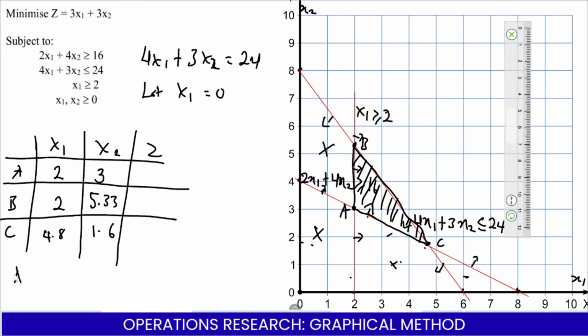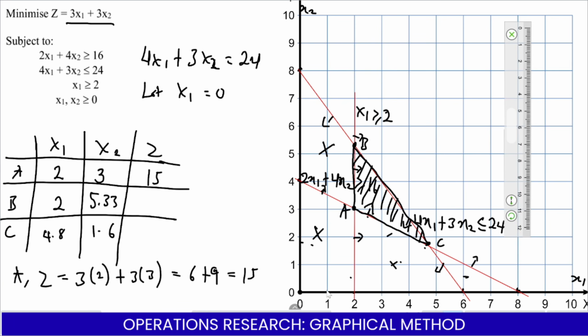So for point A, the objective function is z equals 3x1 plus 3x2. Our x1 for A is 2, so 3 times 2 plus 3 times 3. That's going to give us 6 plus 9, which is 15. So for A, our z is 15.